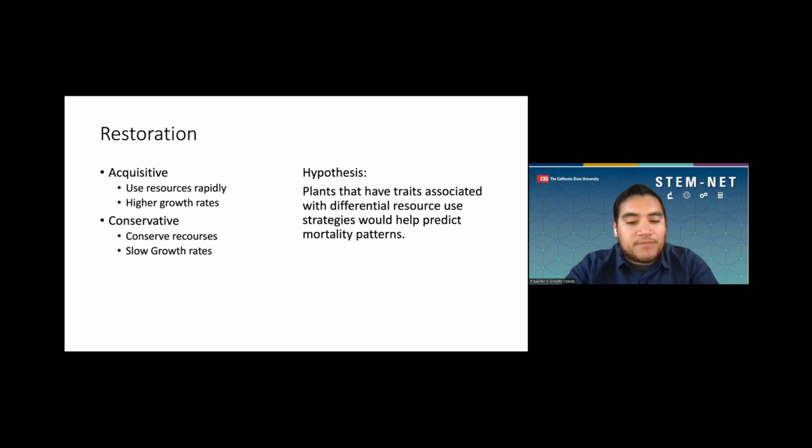For my study, I hypothesized that plants that have traits associated with differential resource use strategies would help predict mortality patterns.